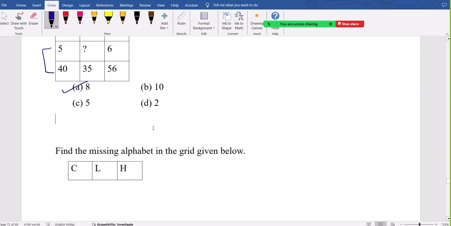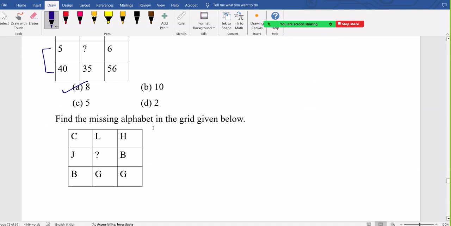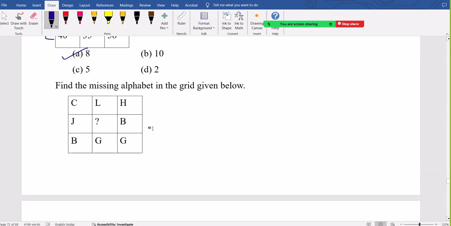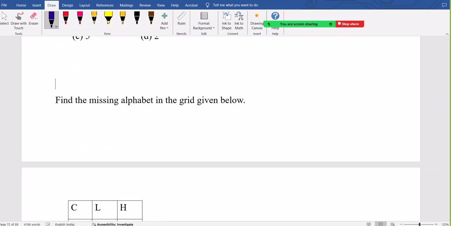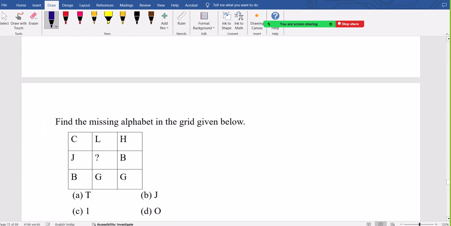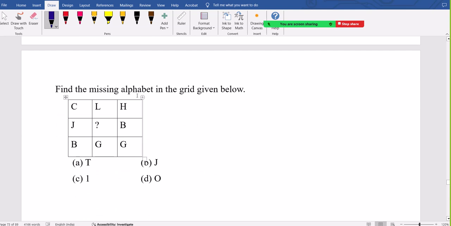Perfect. Now again alphabets related. C L H J question mark, B B G G, 3, 12 and 8, 10 something missing, 2.